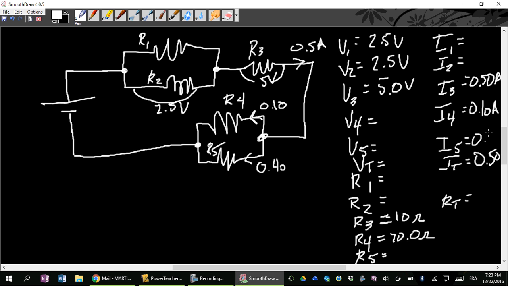This is 0.40. Sorry. It's 5 volts. Wow, those are neat to think.